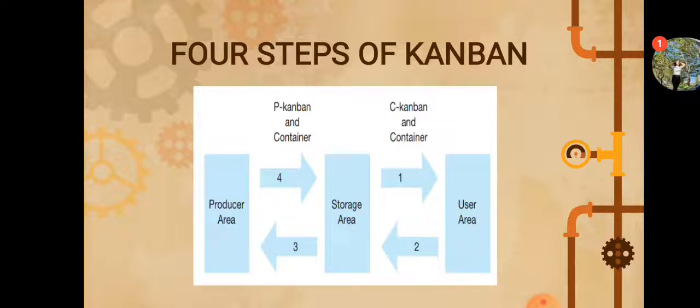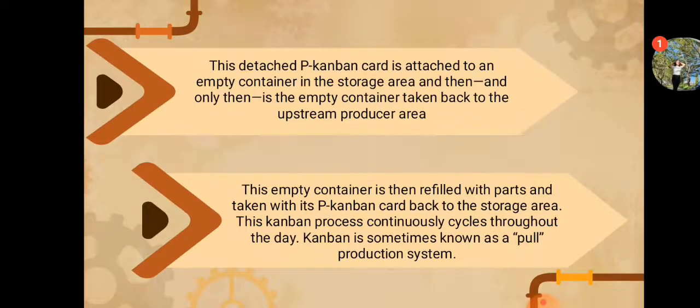So that is the 4 steps of Kanban, going back again from storage area to producer area.